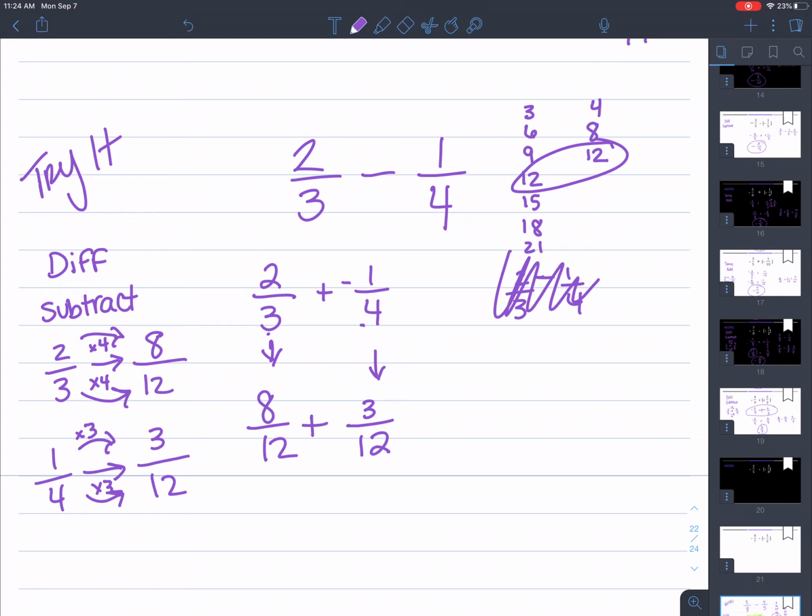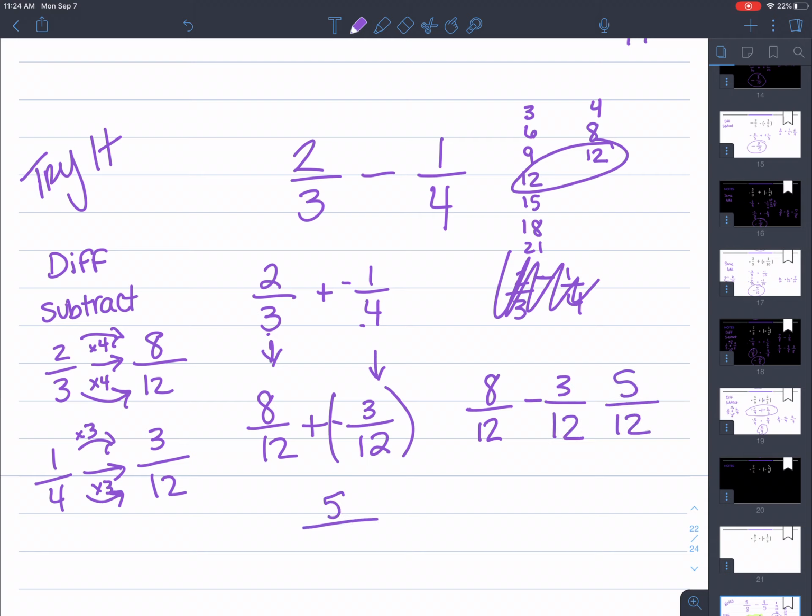Now we have a problem we can work with. Again, you can include those parentheses to keep it a little neater. So we have 8/12ths and negative 3/12ths. Those are different, so we're going to subtract. 8 minus 3 is 5, so you should have 5/12ths as your answer.